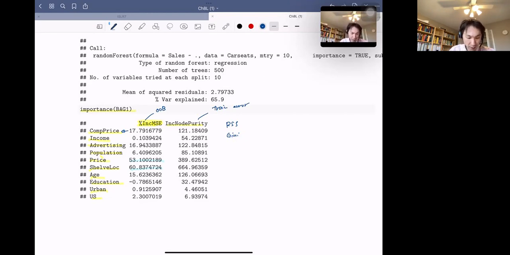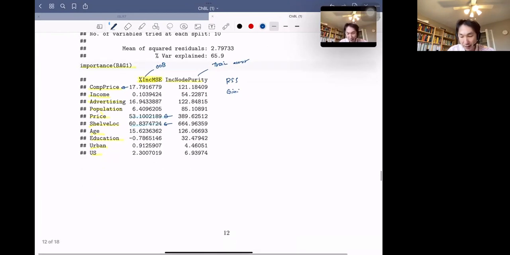So we say that, for example, the price or shelf location is reasonably, I mean, somewhat important, because if it's dropped, then the MSE increases by a large amount. So we have that descriptive statistics, but we don't have any statistical significance or testing.